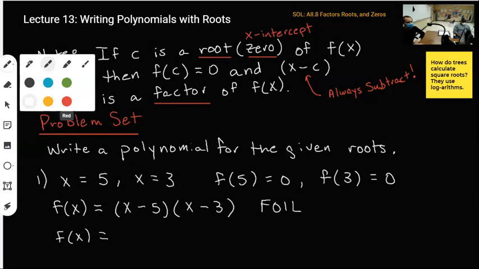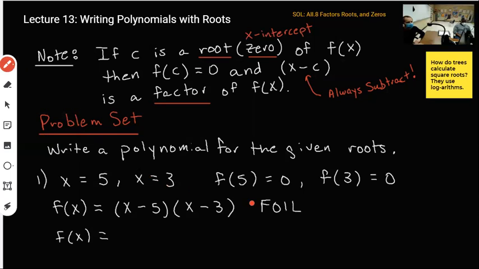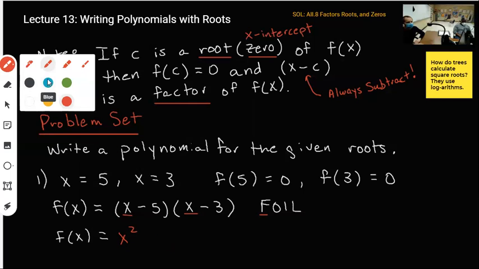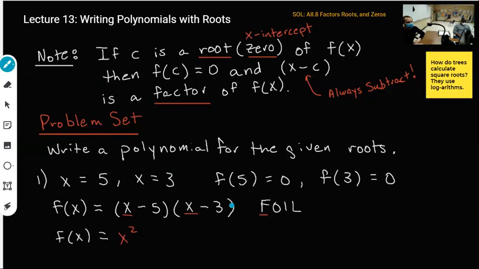So I'm going to switch my color to red, and I'm going to underline the f, and the f is going to stand for first. I need to underline the first two terms. That's going to be x and x. When I multiply those first two terms, I'm going to get x squared, and now I'm ready for the next letter of FOIL.